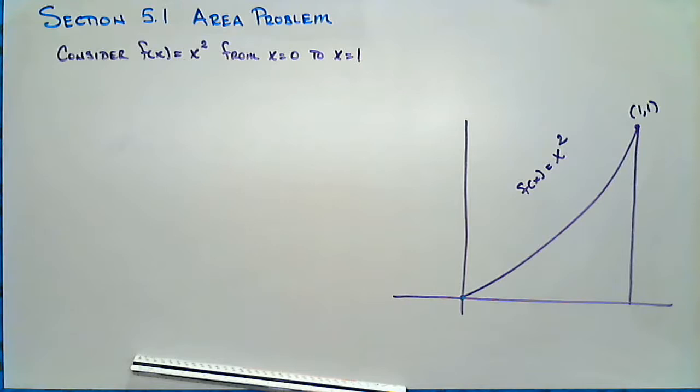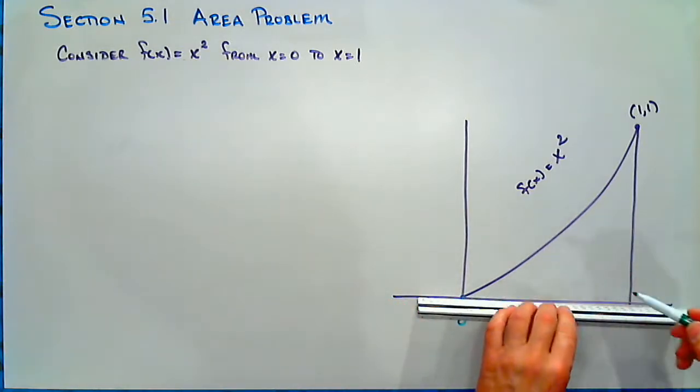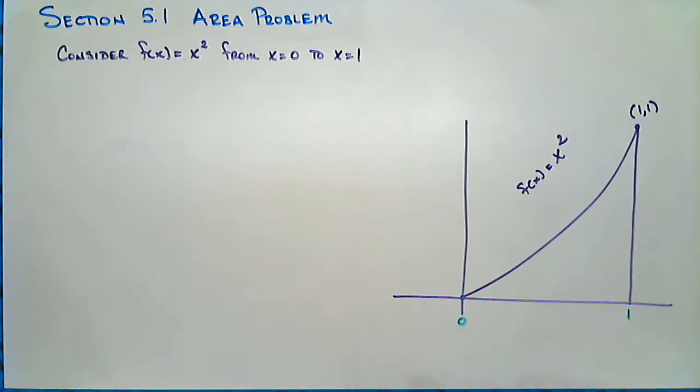If we were going to use that to determine the height of our rectangle, we know what the width is. This is 1. This is 0. So the width of our rectangle is 1. But the height across here, if we use that side as our height, remember what we wrote earlier. We said we're going to use f of a as the height, and we're going to use b minus a as the width, and that's how we're going to get our area.